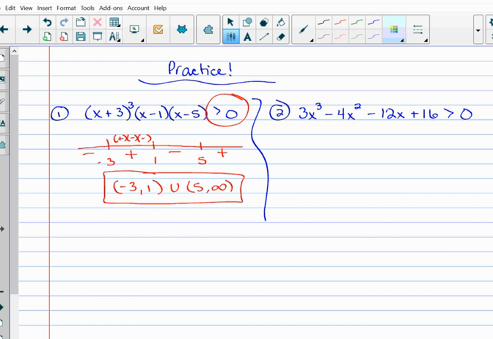And then do negative 4. It's x squared minus 4 and 3x minus 4. And then you can keep factoring.